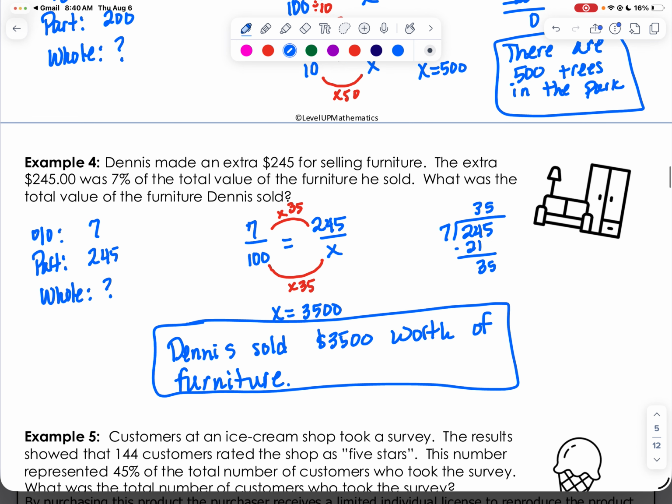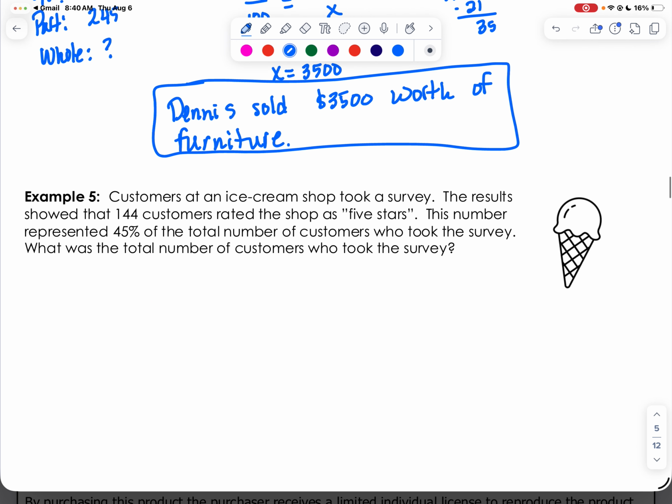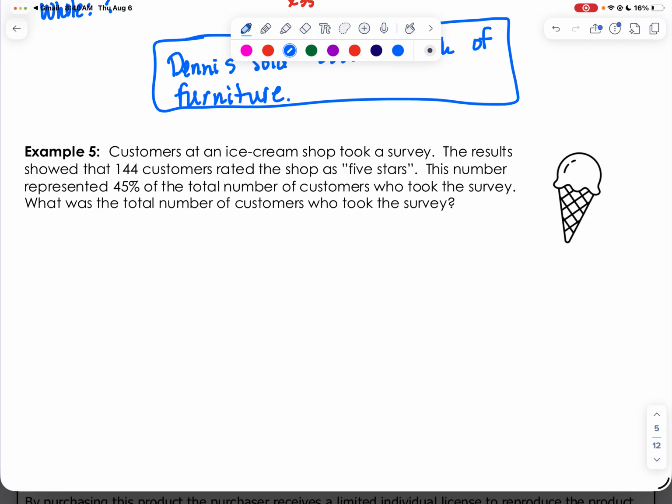Example 5. Customers at an ice cream shop took a survey. The results showed that 144 customers rated the shop as 5 stars. This number represented 45% of the total number of customers who took the survey. What was the total number of customers who took the survey?